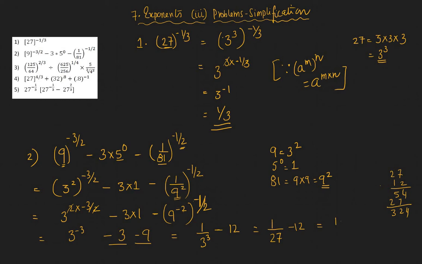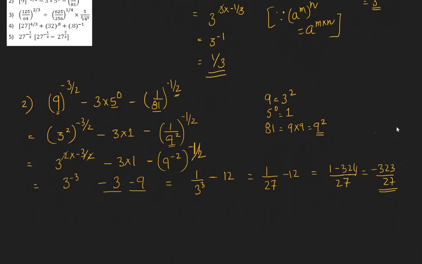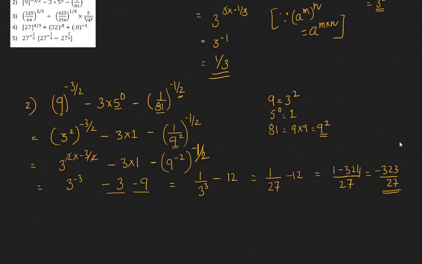So 1 minus 324 divided by 27, or in other words this would be minus 323 by 27. Yep, that is minus 323 by 27. Sometimes you may get a weird answer which is a fraction like this. That's something you have to live with.